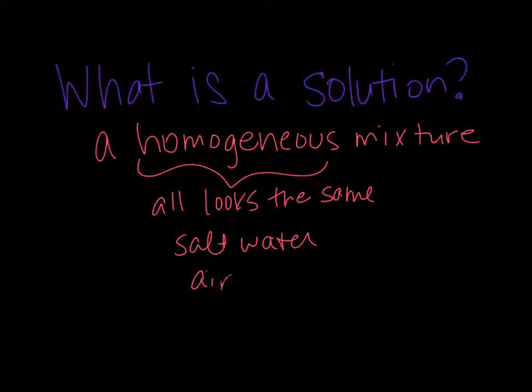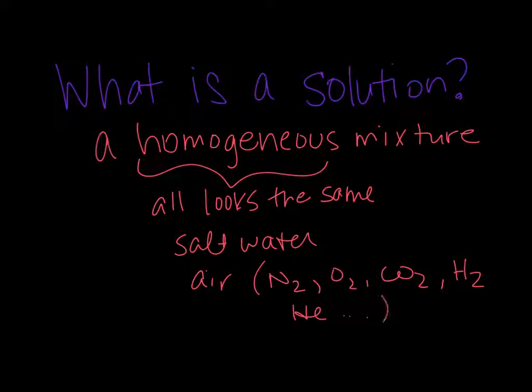Also, air is a solution because it's got nitrogen. It's mostly nitrogen and oxygen, carbon dioxide, hydrogen, helium, and a few other gases. So that's what a solution is. Now, a solution is made up of two things.